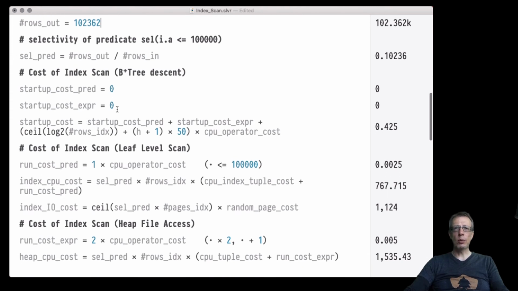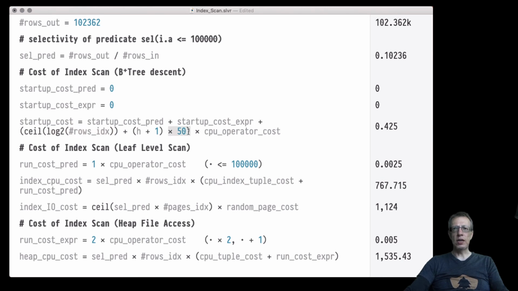Okay, the startup cost of our index scan overall would of course account for the B+ tree descent. We have seen that this depends on the number of comparisons that have to be performed during the B+ tree descent, and that's this term here. Then there's effort involved because we have to process all the pages that we encounter during the descent inside the B+ tree.